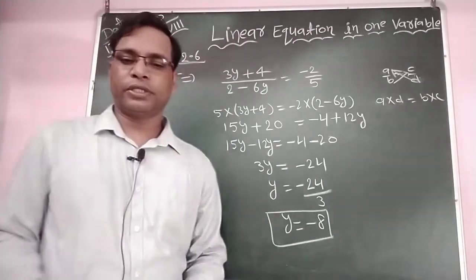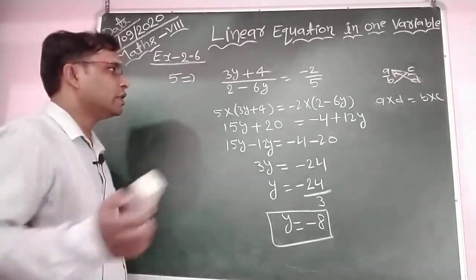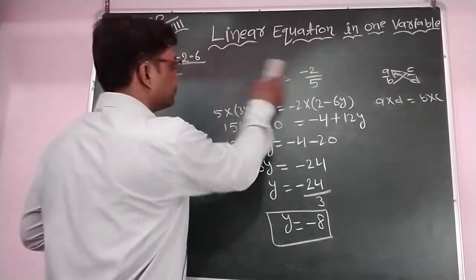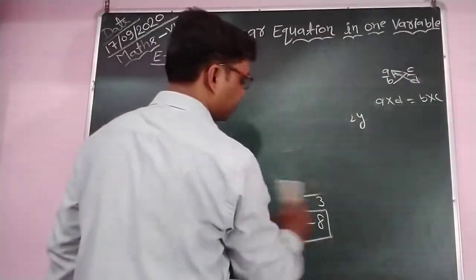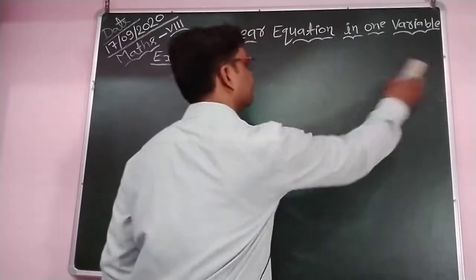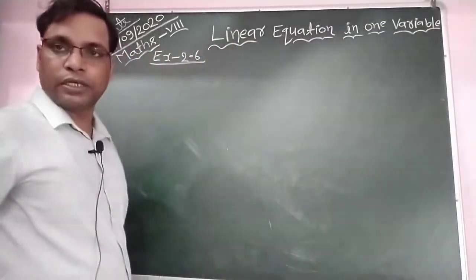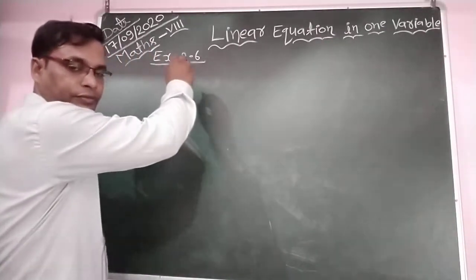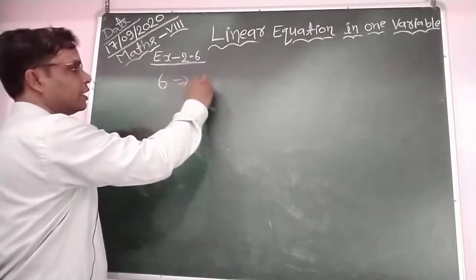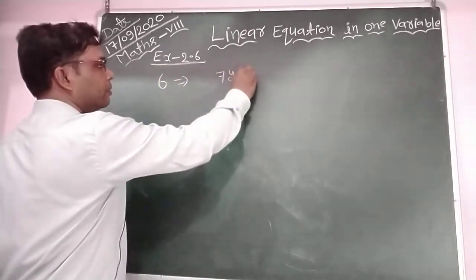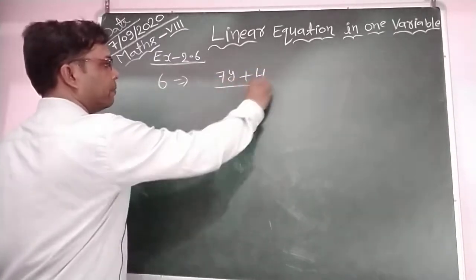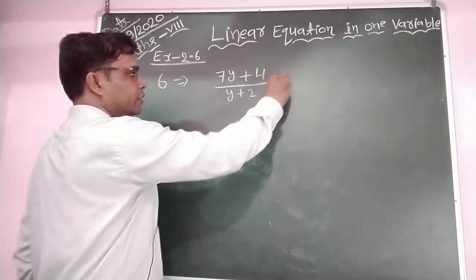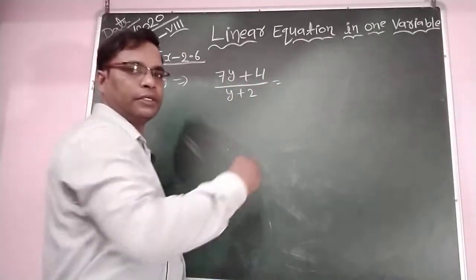The next question is question number 6. So let's see how to solve this question. In question number 6 we have 7y plus 4 by y plus 2 is equal to minus 4 by 3.